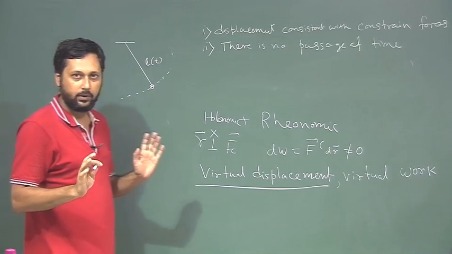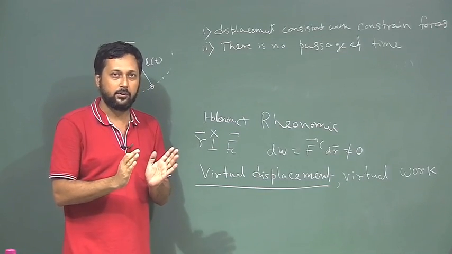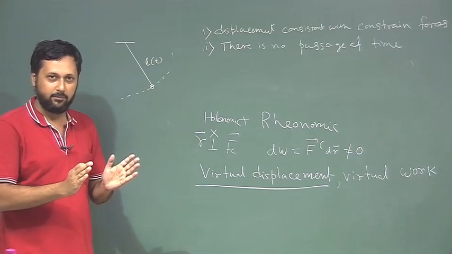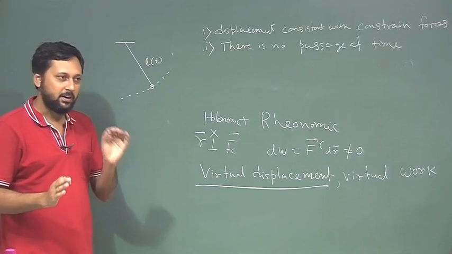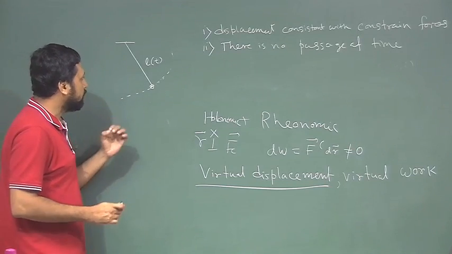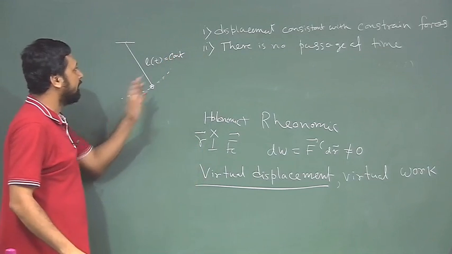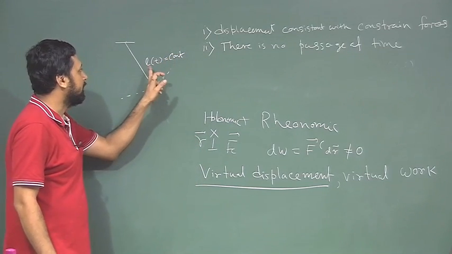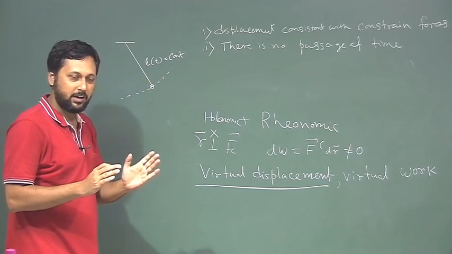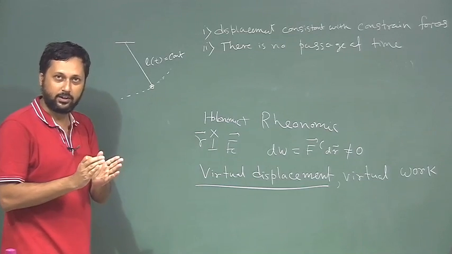It is a bit difficult to understand. We are assuming that there is no passage of time, no time elapsed, but there is a small displacement which has to take place keeping L constant, because L changes as a function of time, and because there is no passage of time during that displacement, L remains virtually constant.